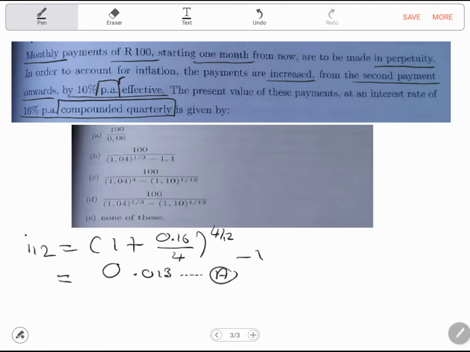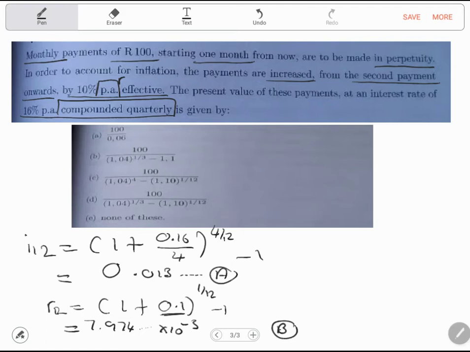Store that as A. Then your effective monthly growth rate is equal to 1 plus 0.1, which is an effective rate, all to the power 1 over 12, minus 1. You will get 7.974 times 10 to the minus 3. Store that as B on your calculator.